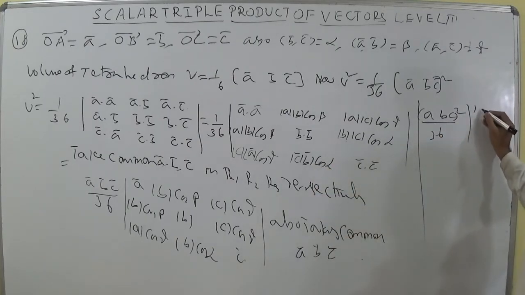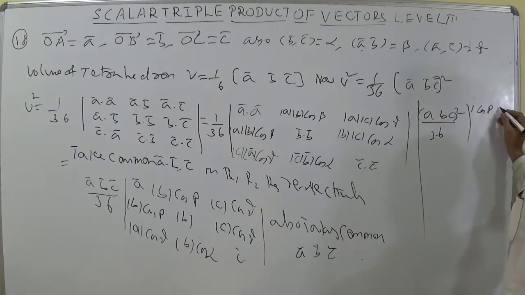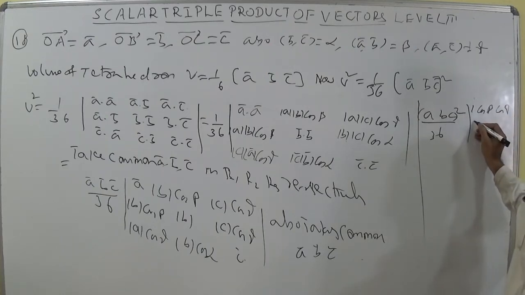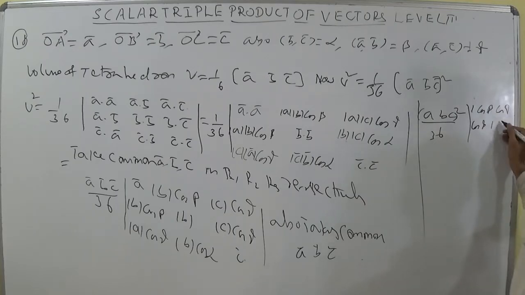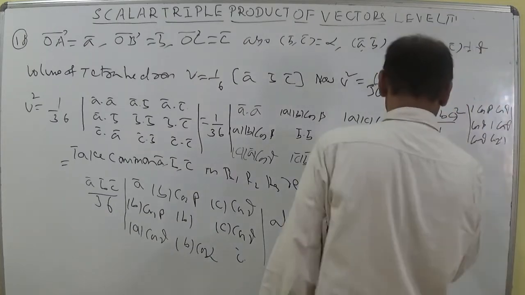Now here you write 1, cos beta, cos gamma; next cos beta, 1, cos alpha; next cos gamma, cos alpha, 1. That's all.